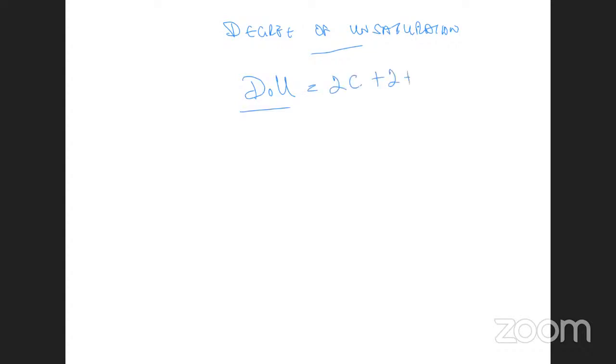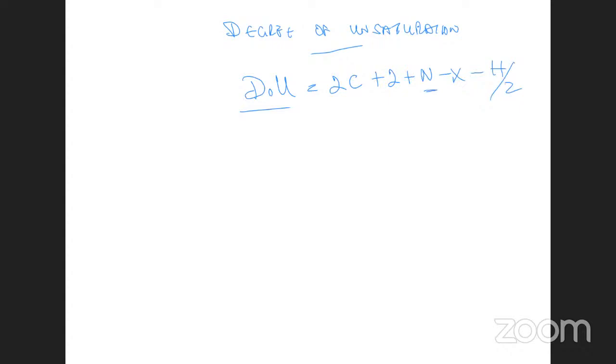I just want to show you the formula for the degree of unsaturation. You know, unsaturation is double or triple bonds happening. Saturation is calculated by this equation: degree of unsaturation, DOU, equals (2C + 2 + N - H - X)/2.